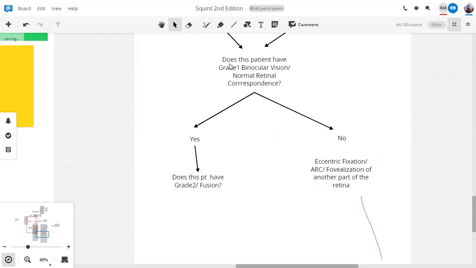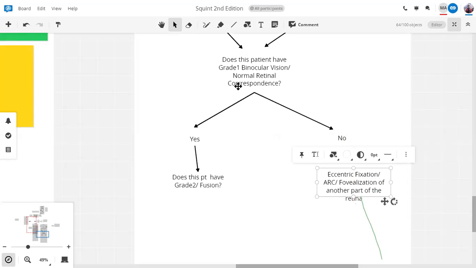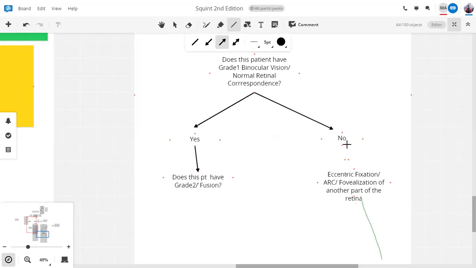In this case, what will you do next? Now that you know that this patient has eccentric fixation, abnormal retinal correspondence, this fovealization of the retina, what will you do now?